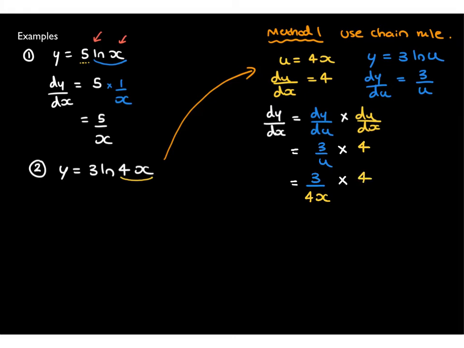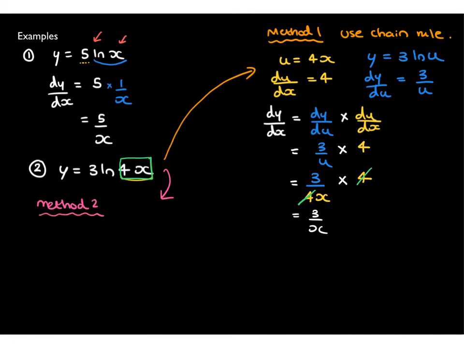Now look what happens here. Can you see that the 4s cancel? So even though the original question had a 4x here, the final answer for the derivative is just 3 over x.